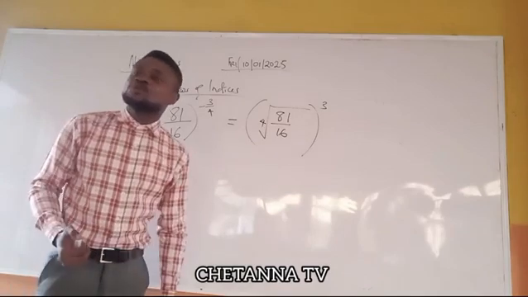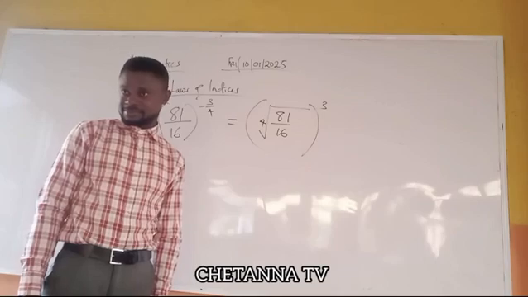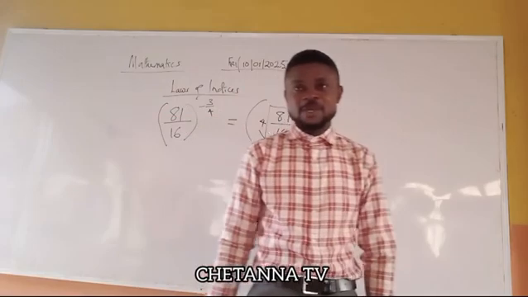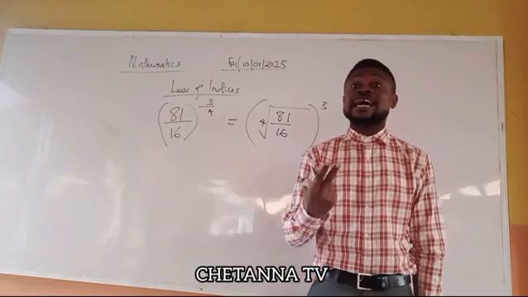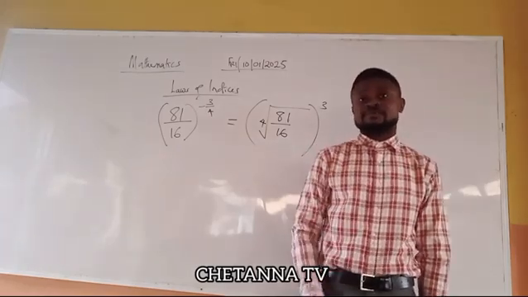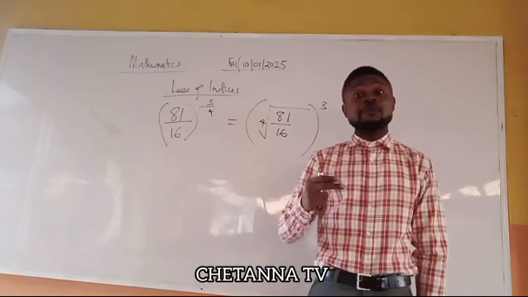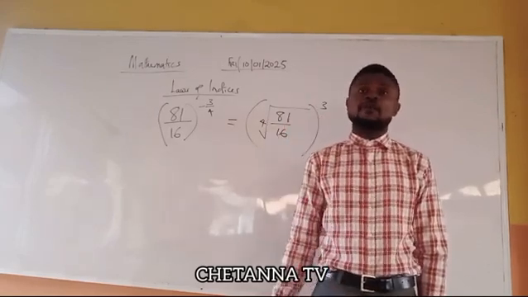What do you understand by square root of a number? A square root of a number is a number that you multiply twice to get the number in question. For example, 4.